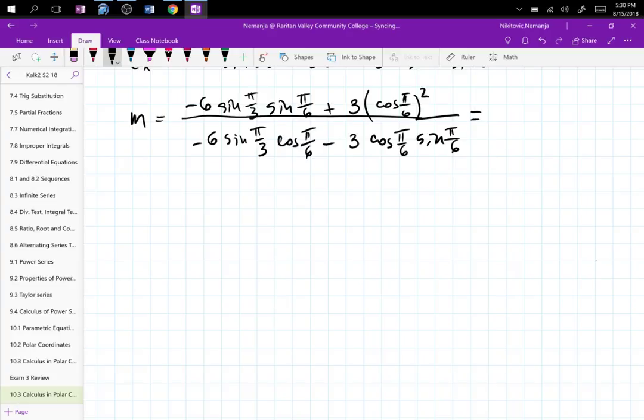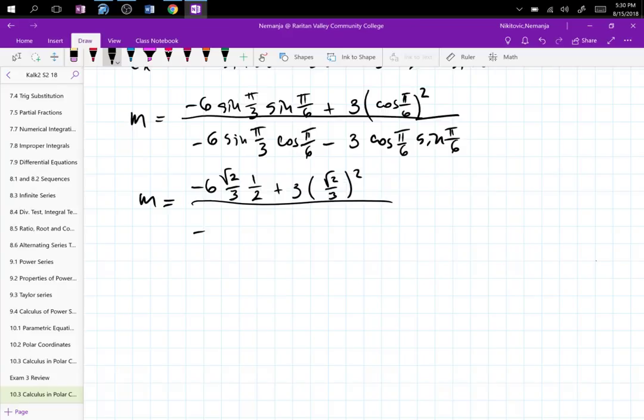So m is equal to, now start a new line. Sine of pi over 3 is, very good. And then sine of pi over 6 is, very good. Plus 3 times cosine of pi over 6 is, very good, squared, divided by negative 6 sine of pi over 3, and then cosine of pi over 6.